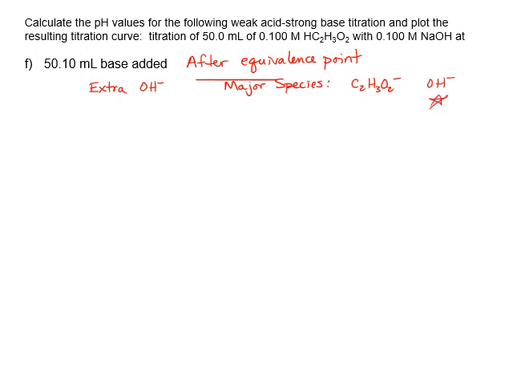As you can probably figure out, the hydroxide is going to be the major contributor to the pH of the solution. So we need to figure out how much extra hydroxide we have. Since it took 50 milliliters to reach the equivalence point, the extra is coming from the 0.1 milliliters extra that we've added. How many moles is that?